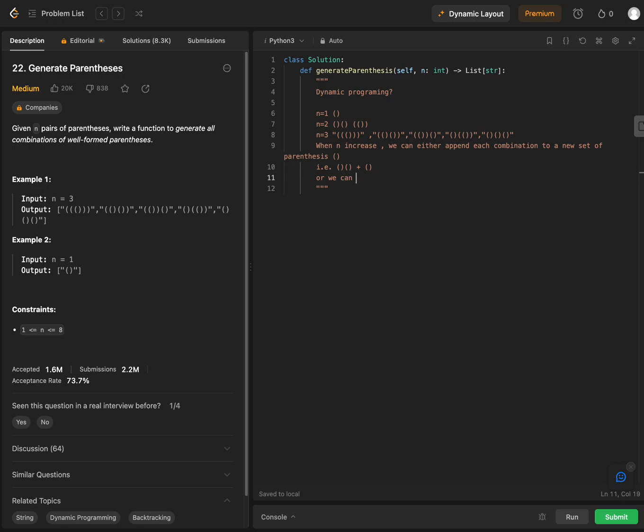or we can wrap the combination with a new pair of parentheses, i.e., like that, which is essentially this.